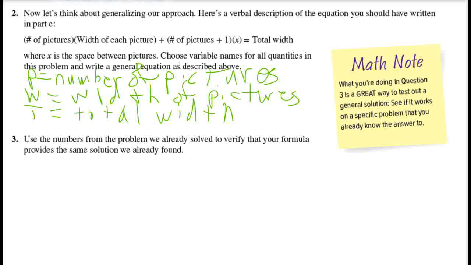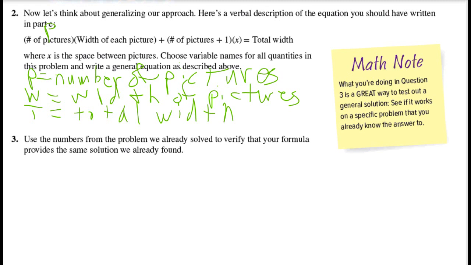Okay, so use the numbers from the problem to verify that your formula provides the same answer. Actually, we need to write a formula. So we'll come back up here. I'll write the formula up here.